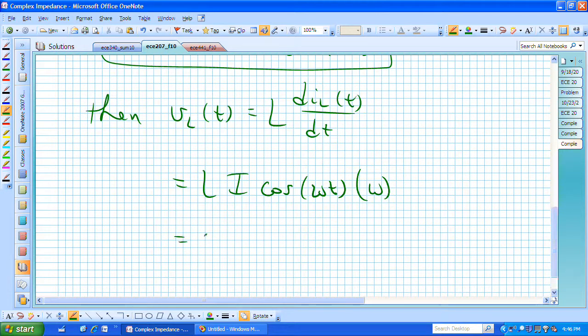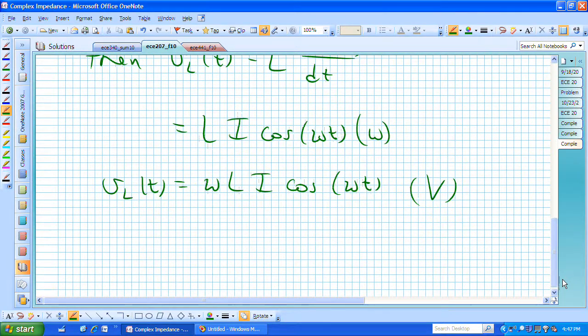We can now rewrite that as omega L I cosine omega t. That's in the time domain our voltage across the inductor.